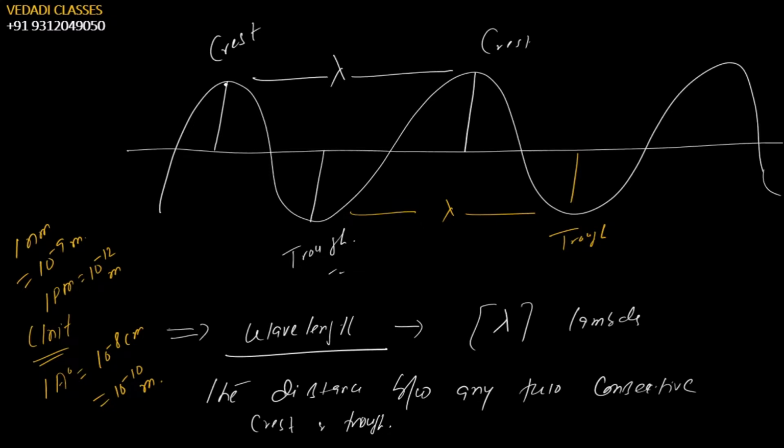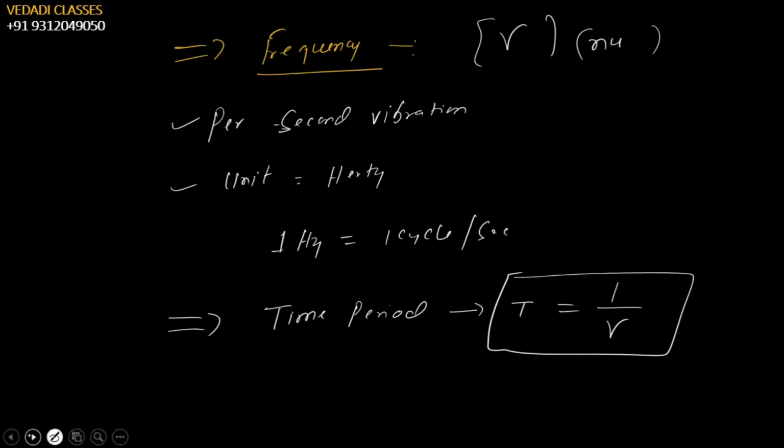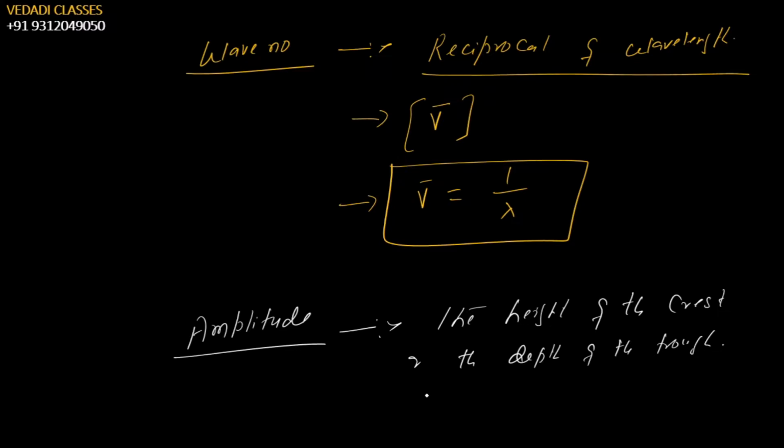This height is known as amplitude, or this depth is also known as amplitude. The unit of amplitude is the same as the unit of length, that is angstrom, nanometer, picometer, or femtometer. So these are the terms.